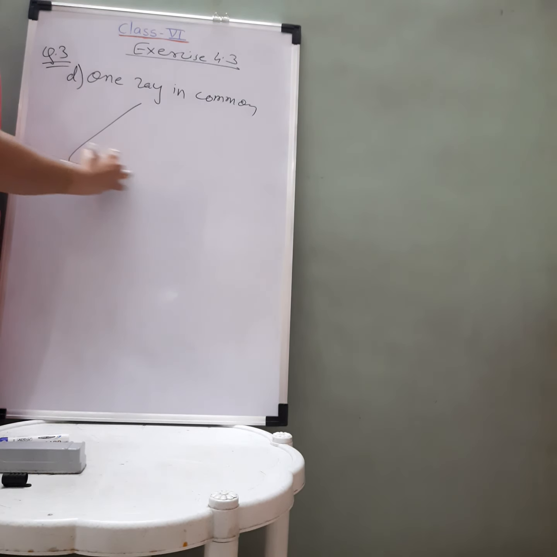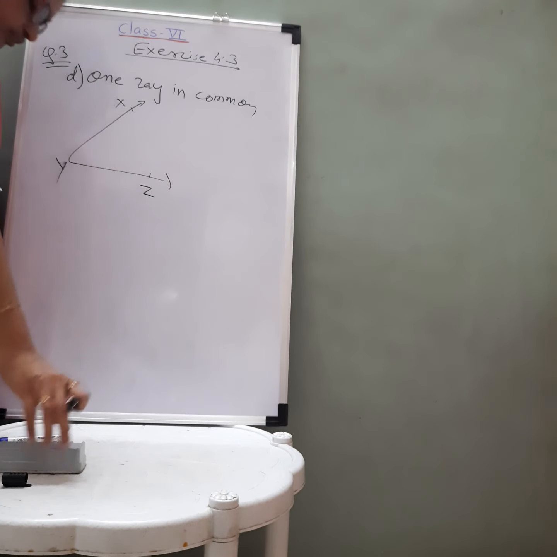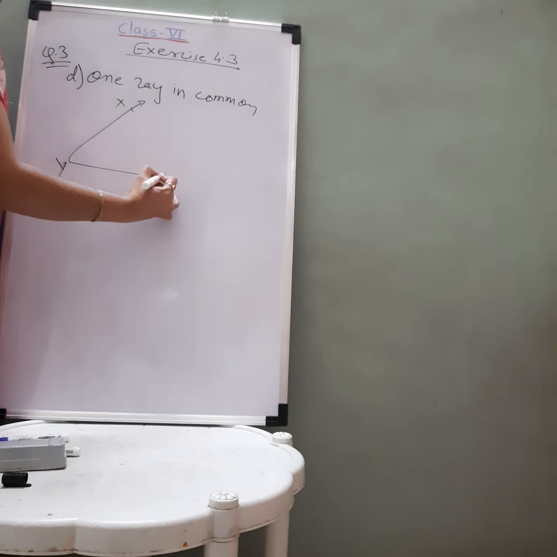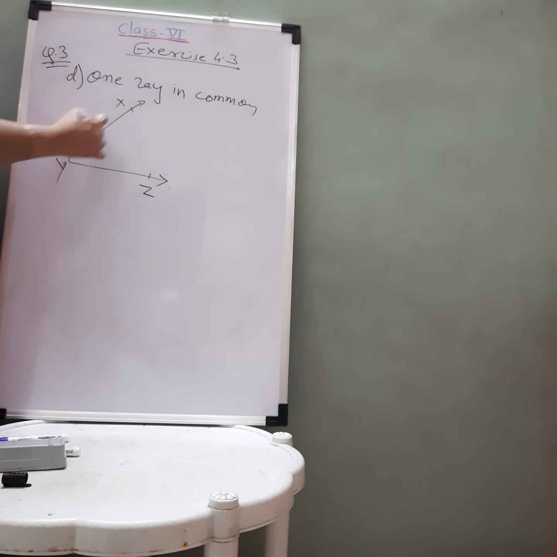So if I draw any angle, suppose X, Y and Z. Suppose I draw one angle, and here this YX and YZ are the two rays or arms of the angle, and again we want to find out two angles having one common ray. So through this point Y, if we draw any ray, suppose W, then you will get the two angles.